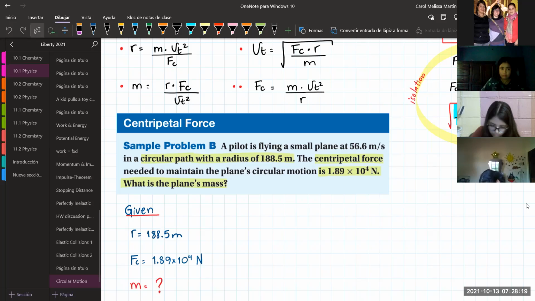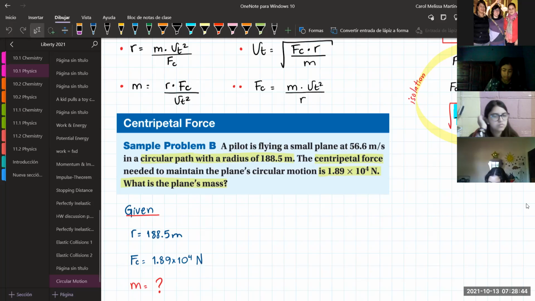But if I'm looking for the mass, I have to use this equation. Yes, that equation. You have to use it. But if you notice, they're just giving us radius and force. They are not giving us Vt squared or Vt in general.